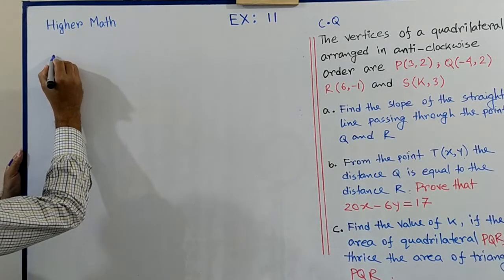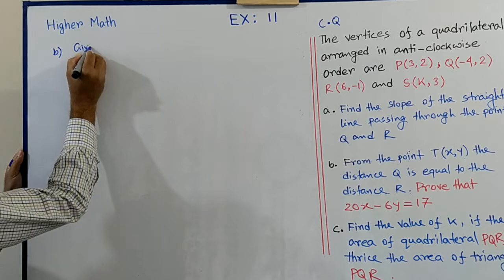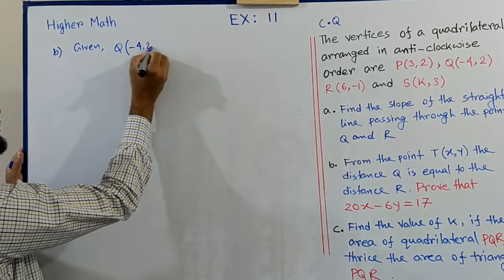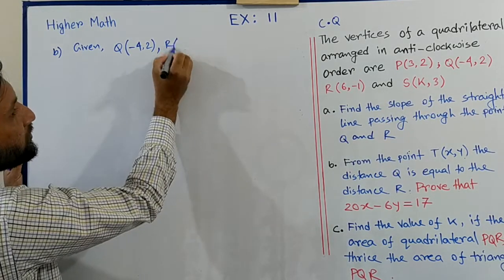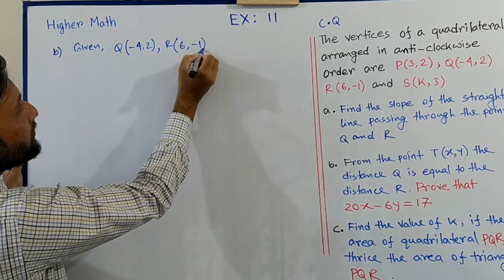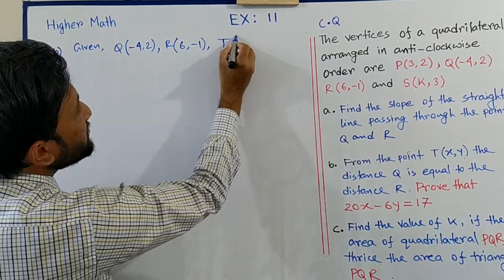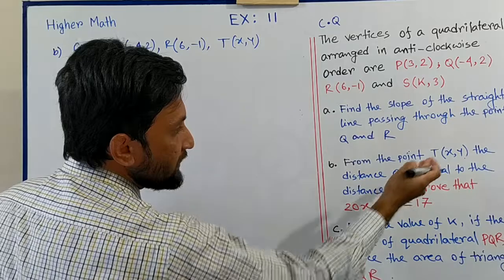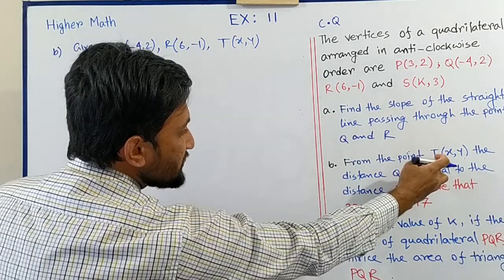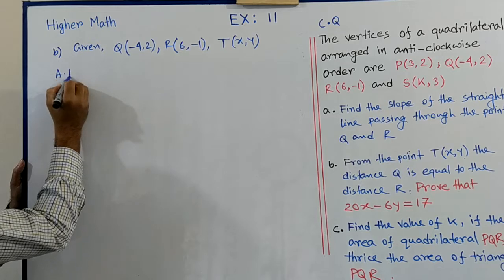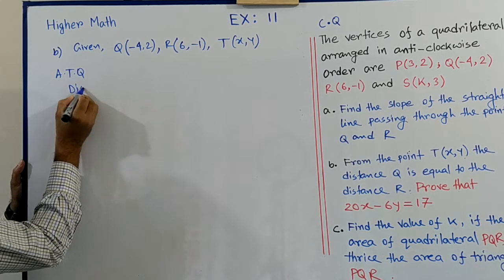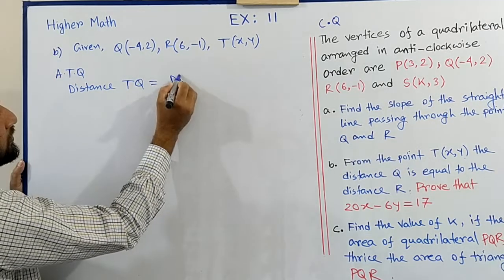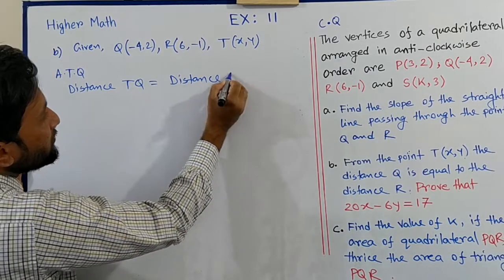At first write down the given part. Given the coordinate point Q is minus 4, 2, and the coordinate point R is 6, minus 1, and the coordinate point T(x, y) according to question B. Now we can write, according to the question, the distance of TQ is equal to the distance of TR.